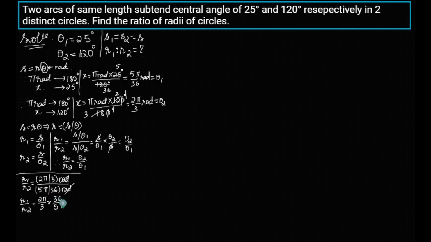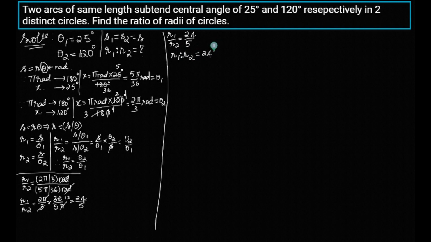Pi and pi cancel out, and 3 into 12 is 36, so we get 24 divided by 5. Therefore, the ratio of the two radii of the circles, R1 is to R2, is equal to 24 is to 5.